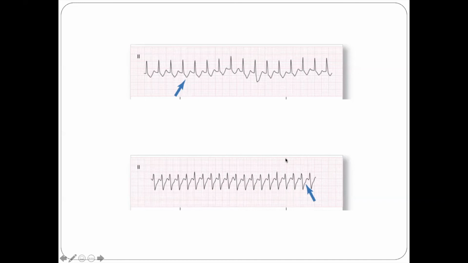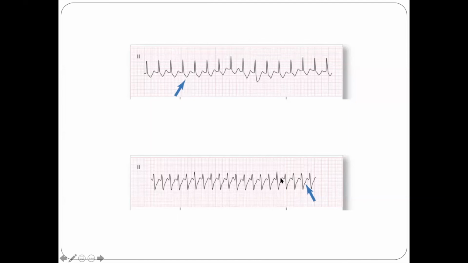And then down here, this top one is an orthodromic AVRT. It's a narrow complex QRS. Down here, we have an antidromic AVRT. So it actually is a wide QRS complex. The P wave is found up here as it's moving closer to where the ST segment is leading into the T wave. These bumps right here are the T waves.